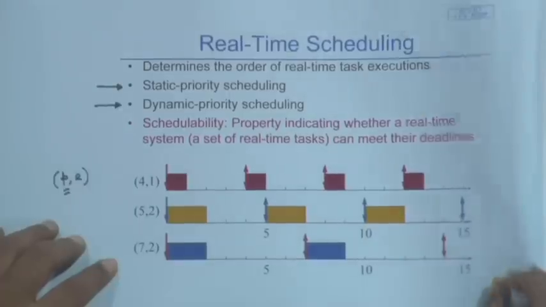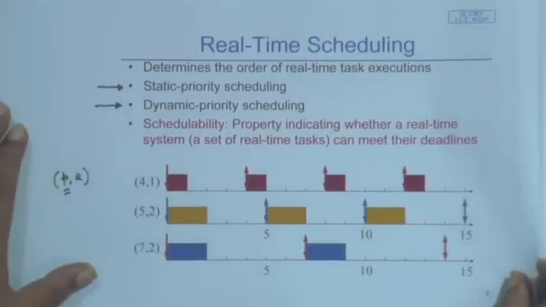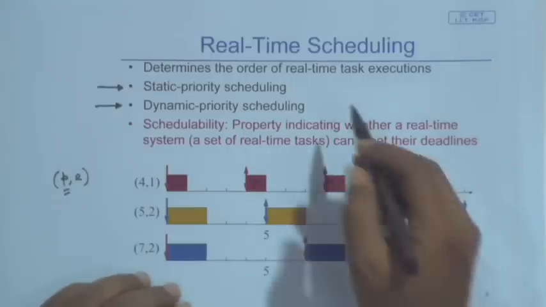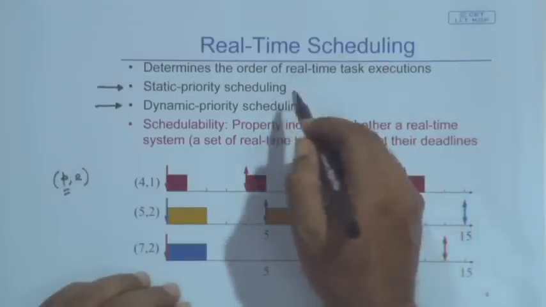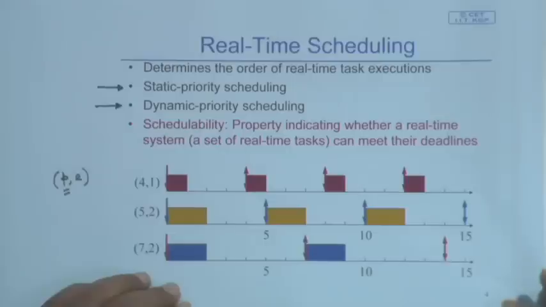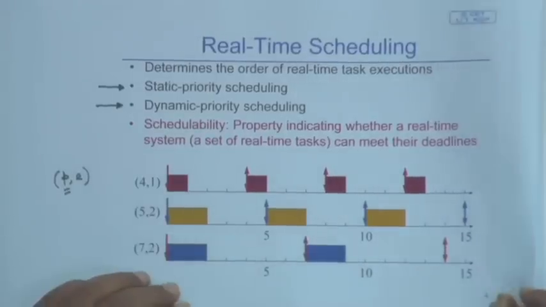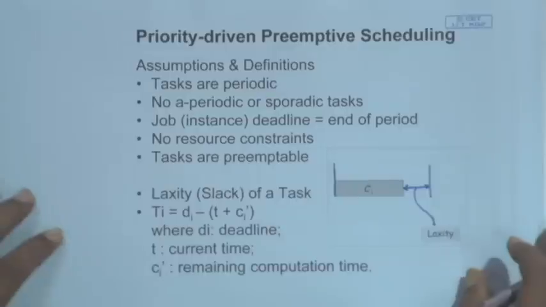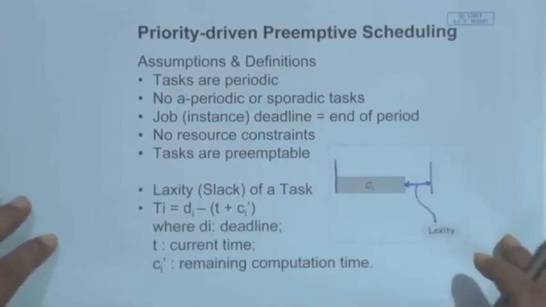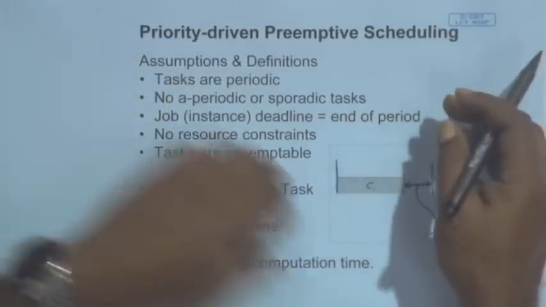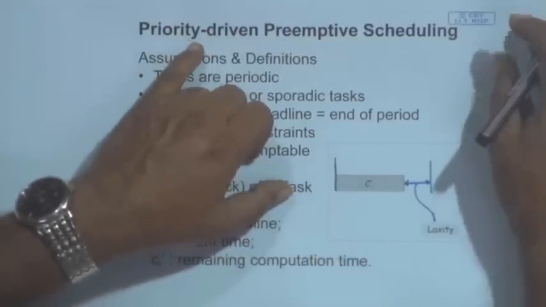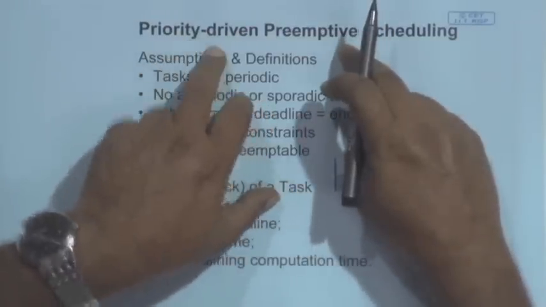All right. Now, this is a task scenario and we will have to decide on a particular type of scheduling. First, we will study static priority scheduling. Say here, we are considering static priority scheduling, where it is a preemptive scheduling based on the priority.